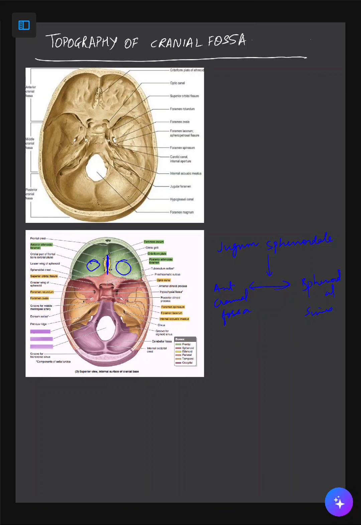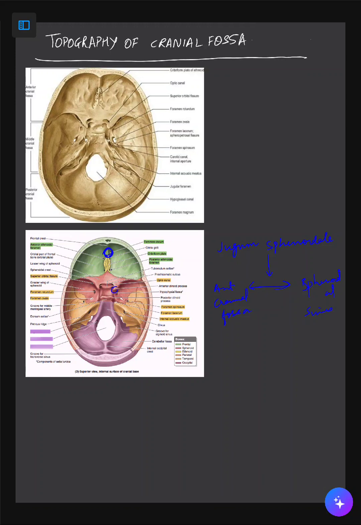Now, what are the attachments? The falx cerebri is attached at the crista galli. The free margin of the tentorium cerebri is attached to the anterior clinoid process.